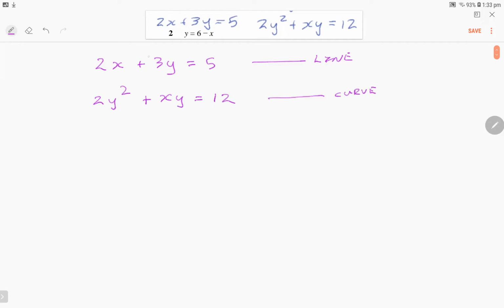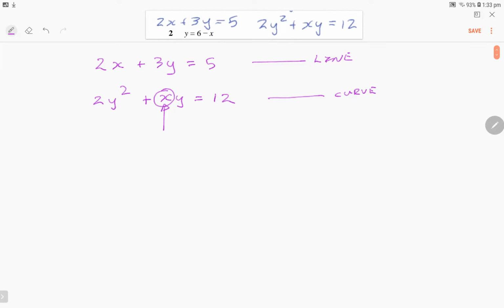Now, if you look at this one, the line doesn't have x or y as a subject. So you have to be smart. Remember, you want to be able to substitute in this equation. Because I have a y squared here and a y here, to me, it is easier to substitute for this x. That's the only x value in there. Substitute for that x.